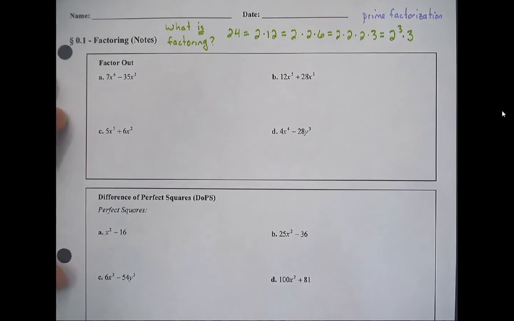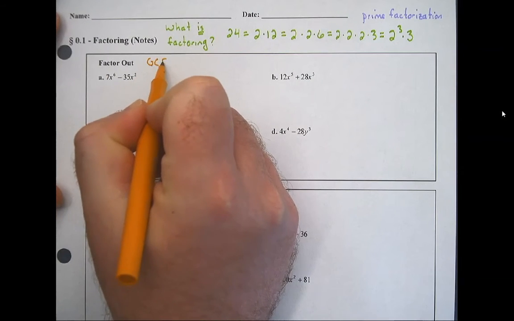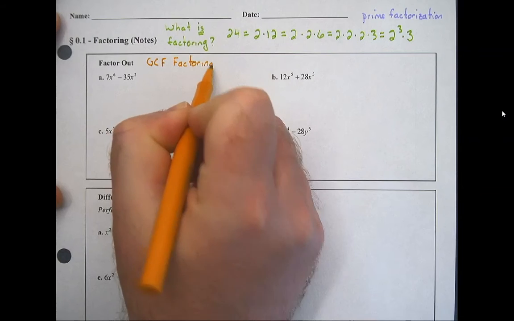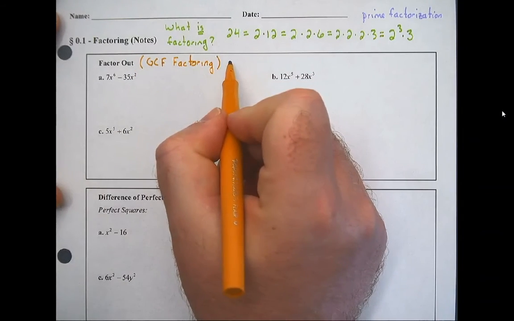All right, so our first move is called factor out. Sometimes I think Wojo calls this GCF factoring. But here's my big thing that I want to point out.